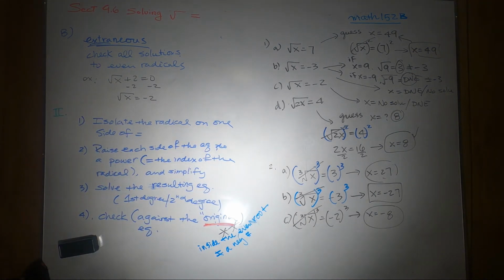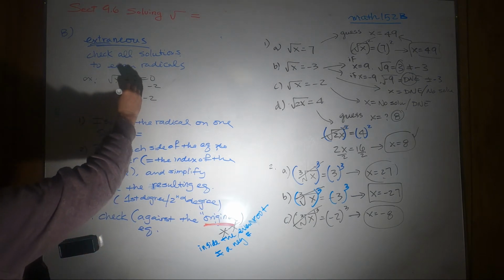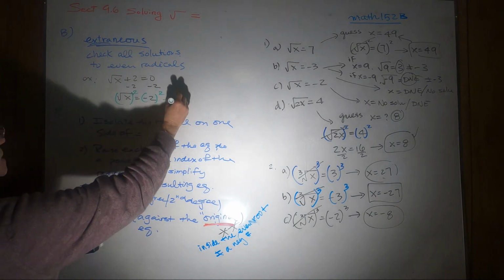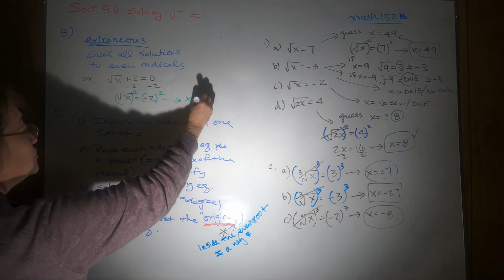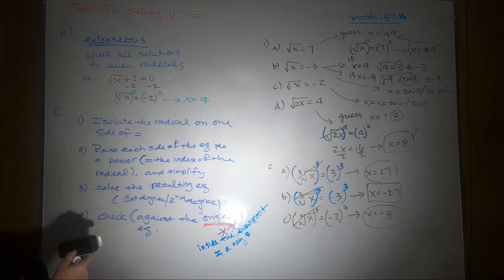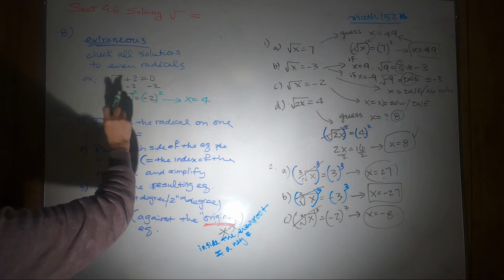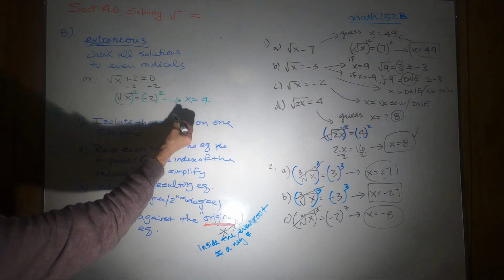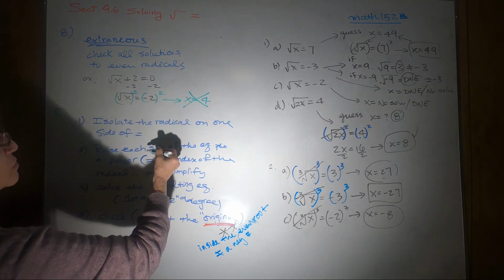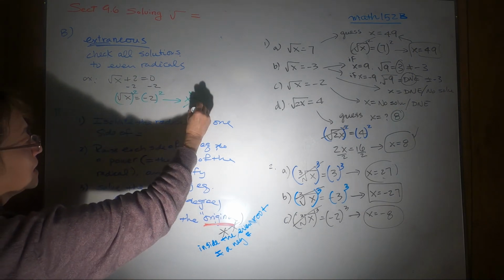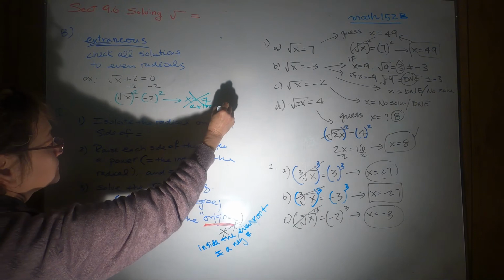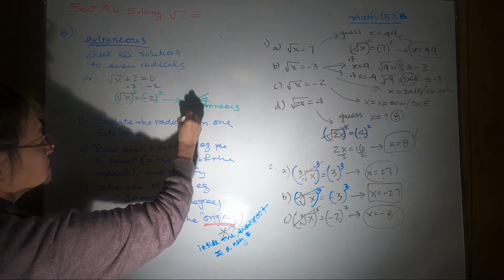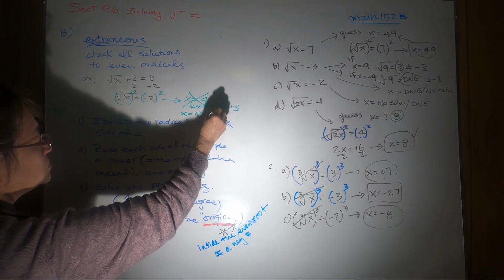However, if you made a mistake, you say, okay, I take a square, then you have what? X equals 4. If so, then you plug in. Square root of 4 is 2. 2 plus 2 is 4, not 0 anymore. So this one is what? Extraneous. So your x is what? No solution.